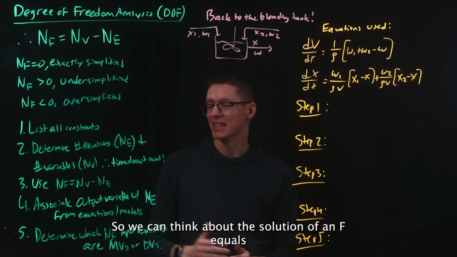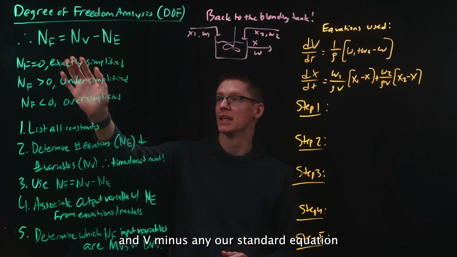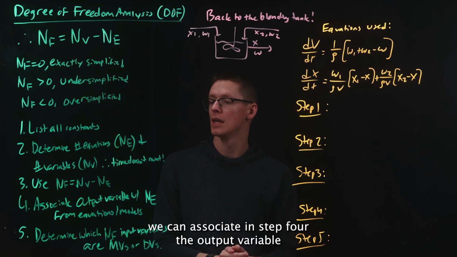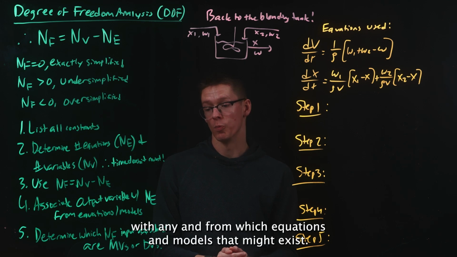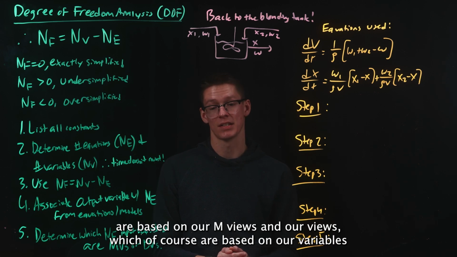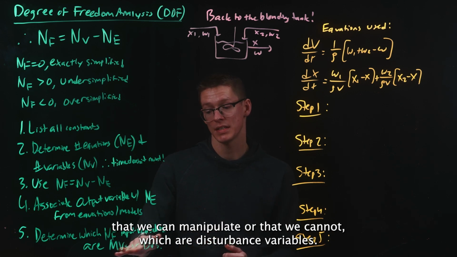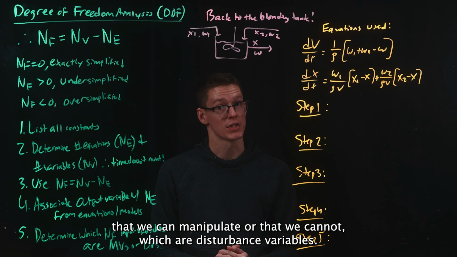Next, we can think about the solution of NF equals NV minus NE, our standard equation. We can associate in step 4 the output variables with NE and from which equations and models that might exist. And finally, we could determine which NF input variables are based on our MVs and our DVs, which of course are based on our variables that we can manipulate or that we cannot, which are disturbance variables.